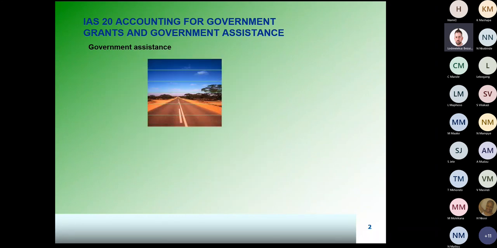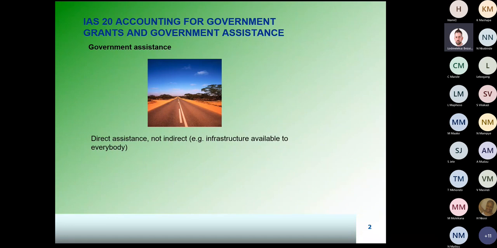All right, so government assistance is basically direct assistance where infrastructure is provided to the company by the government. So we want to do training. We don't have money to buy or lease a building, and the government provides us with a building.